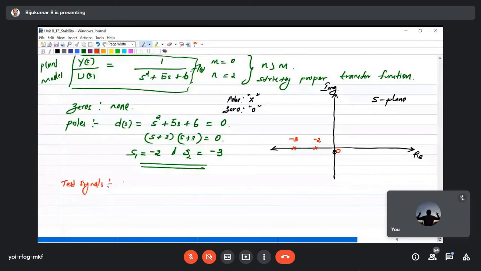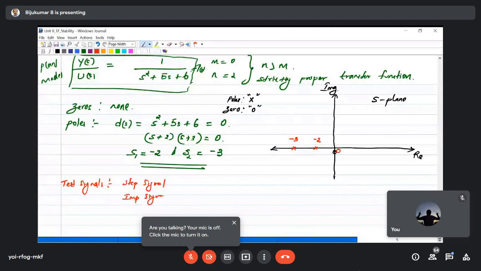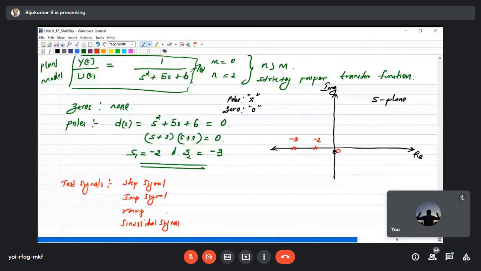That is step signal, impulse signal, ramp, and sinusoidal signal, right? The ramp is represented as t, right?